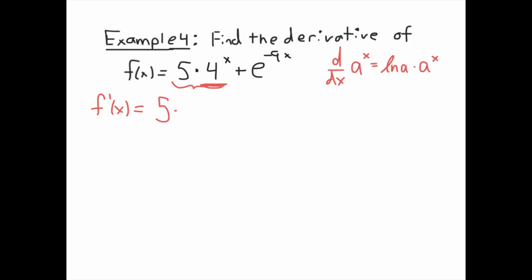And we'll get the derivative of the inside is ln of 4 times 4 to the x. Cool. Now, on the other end, we're going to have minus 9 e to the negative 9x. Ask yourself if you understand how I got that and how the chain rule for this term worked out just like examples 2 and 3. So there is our result.